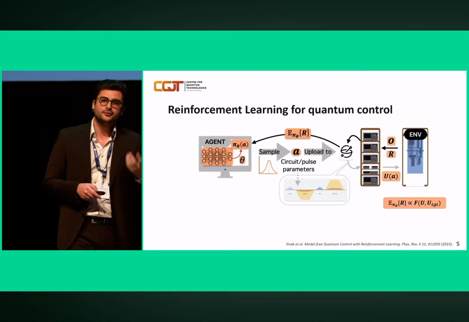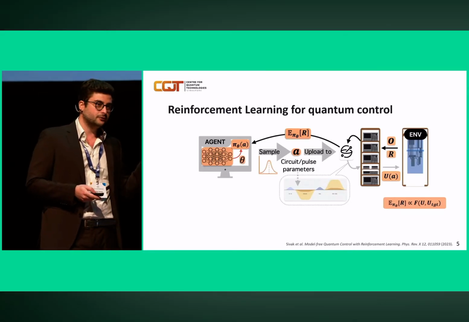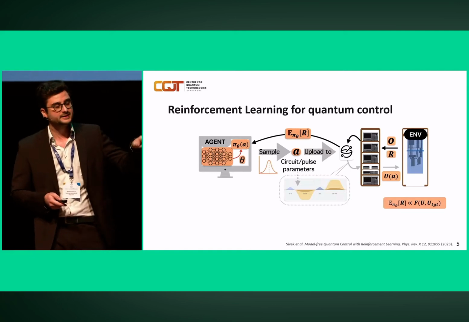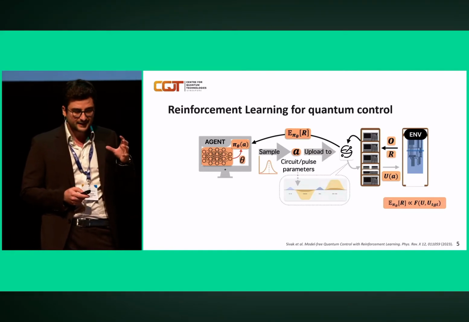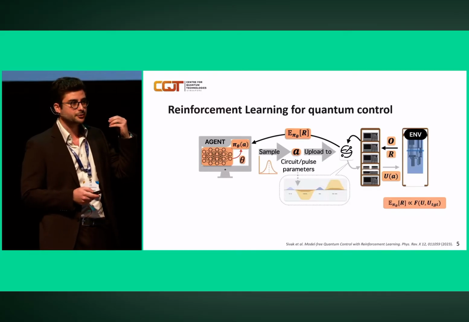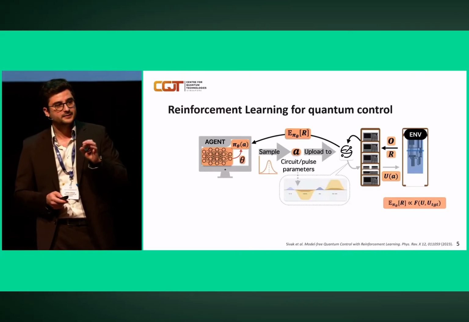The quantum system in the RL jargon is called the environment, and the objective is that the agent should learn how to find a probability distribution, this pi theta that you see on the screen, which will yield with high probability the right actions that enable us to prepare a target state or to calibrate a target gate that we have in mind.